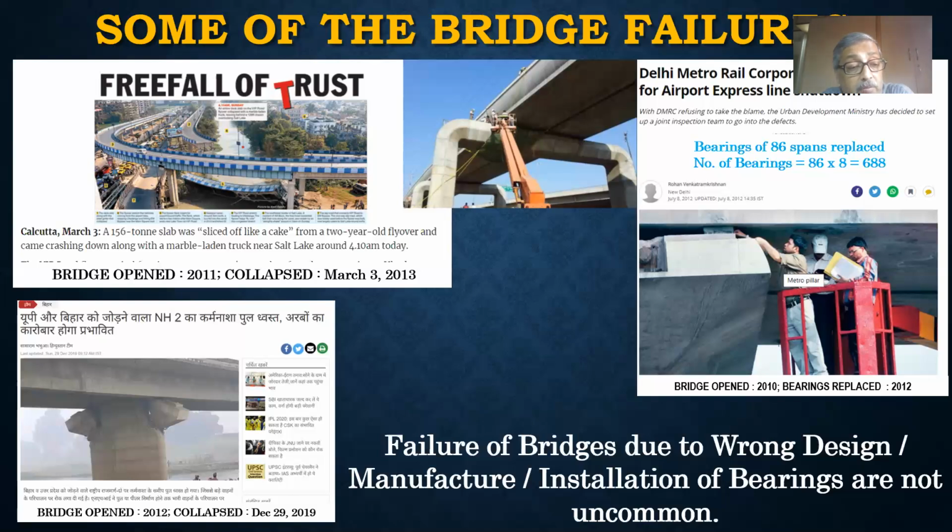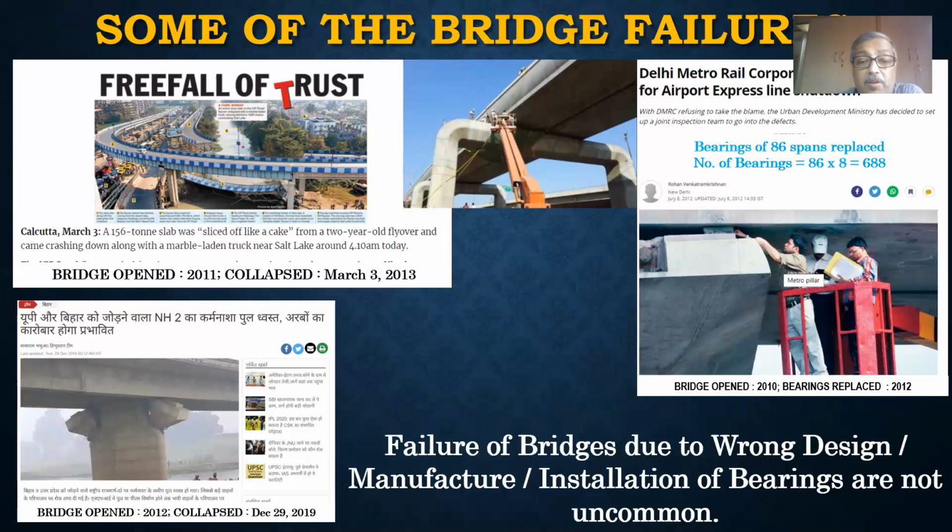This is not the presentation where we go into the details of why it occurred, but suffice it to say that it was inadequate design. The reinforcements in the bracket were grossly inadequate, which caused the collapse of the whole bridge.